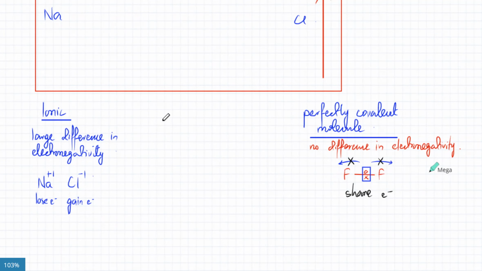Then you have things that are kind of in the middle. These are known as polar covalent molecules. So remember, there's a spectrum. It's not that something is completely covalent and something is completely ionic. There's a lot of in between things.